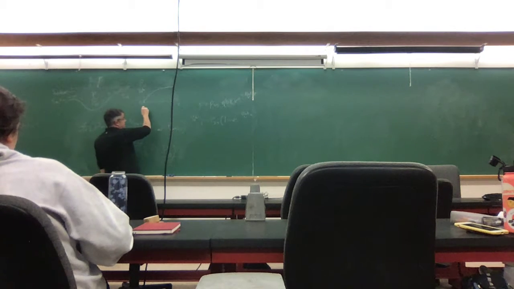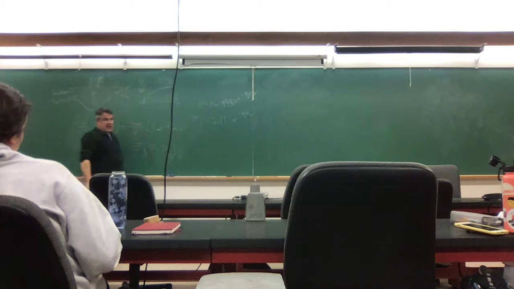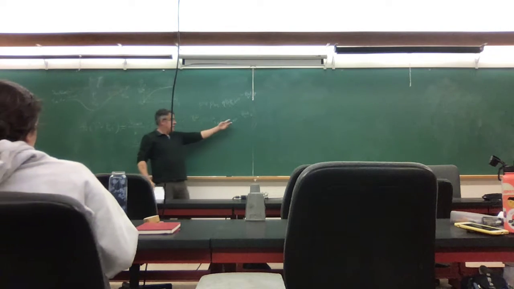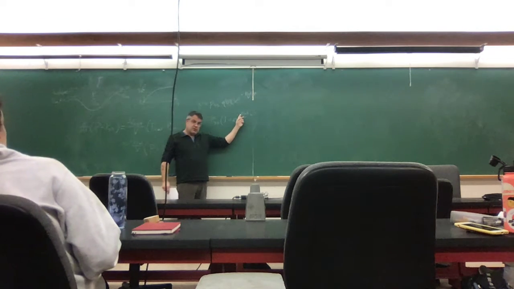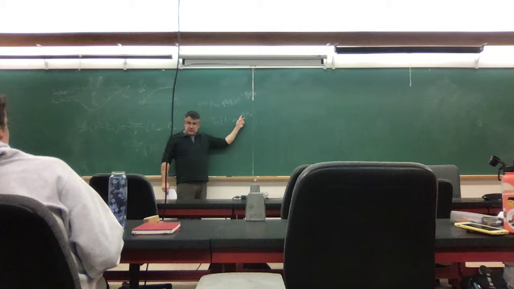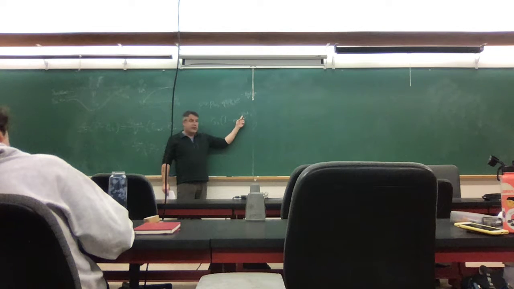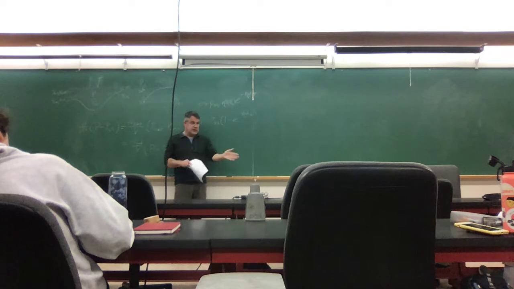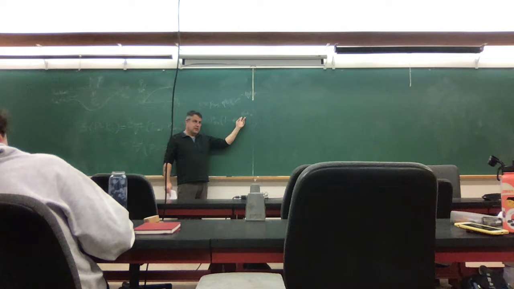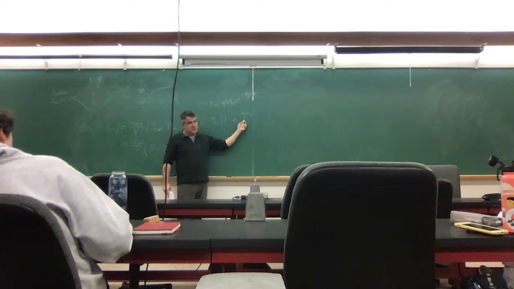And this time scale for decay is set by how much flow out of the bay there is and how much volume of the bay there is. So if the flow rate was faster, if there was more exchange with the ocean, it would flush out faster. If the bay was bigger, it would take longer to flush out.